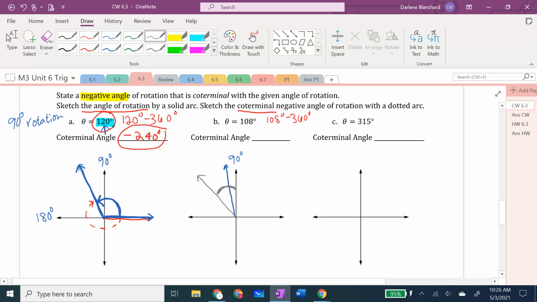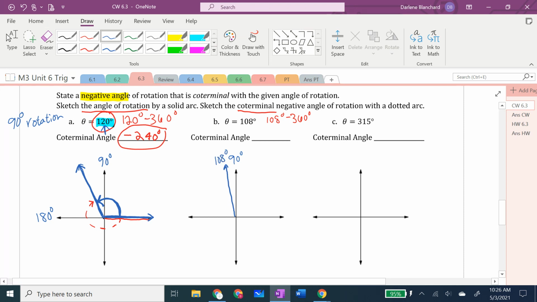So if you can just be within half a quadrant of the correct angular position, I will call that good enough. Freehanding is not going to give us accuracy, not unless we pull out a whole compass, which we're not going to do. So that right there is approximately 108 degrees.